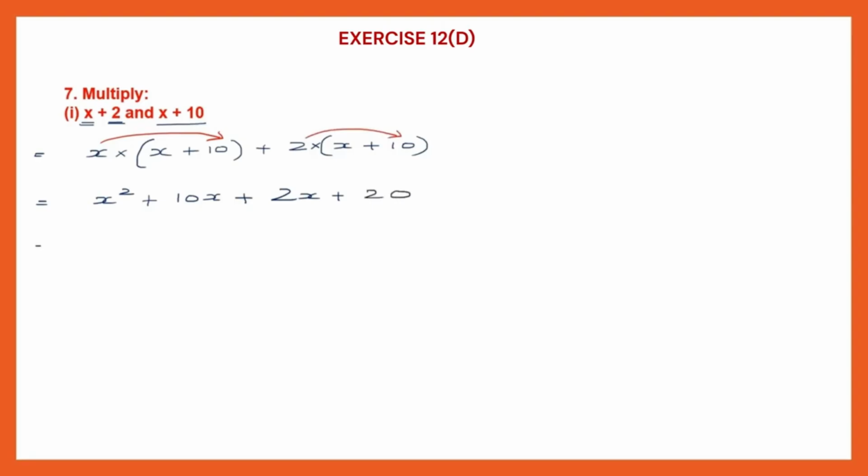So here we have x square. Now here we have two like terms, that is 10x and 2x, and both have plus sign, so we add it up. 10 plus 2 is 12, so this becomes 12x, and then we write the number 20. So what is our final answer? X square plus 12x plus 20.